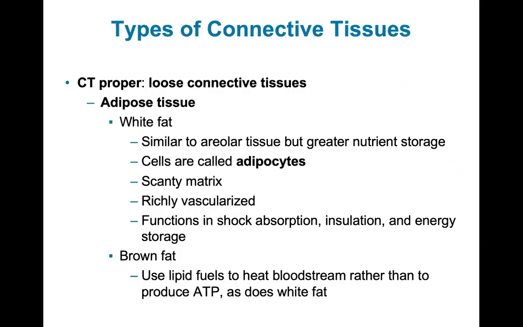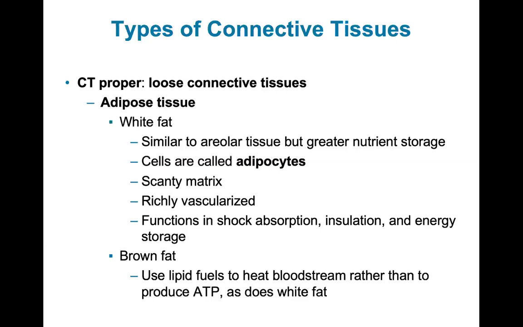Adipose tissue, this is white fat. It's similar to areolar tissue, but with greater nutrient storage. The cells are called adipocytes. It has very little matrix. It's not much at all. Fat is highly vascularized, and it functions in shock absorption, insulation, and energy storage.